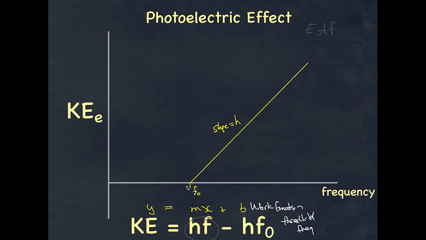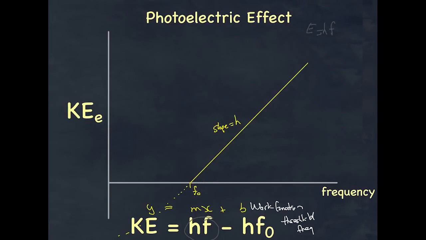Now, if we drag this particular point down over here, we actually get the energy value of the work function. It's the y-intercept over here, but we will just start the graph from over here. Remember, this is dependent on the material.